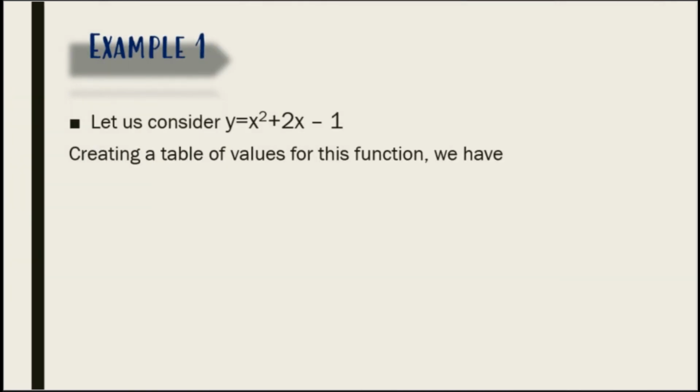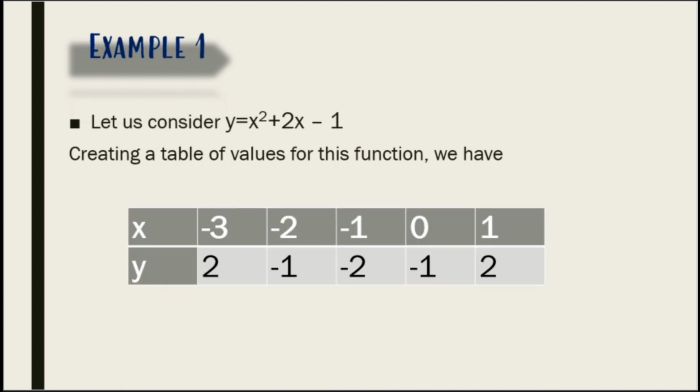Let us consider the quadratic function y is equal to x squared plus 2x minus 1. Kindly write this on your paper. Creating a table of values for this function using -3, -2, -1, 0, and 1 as the values of x will give us the values 2, -1, -2, -1, and 2, respectively, after substituting them in the given function.